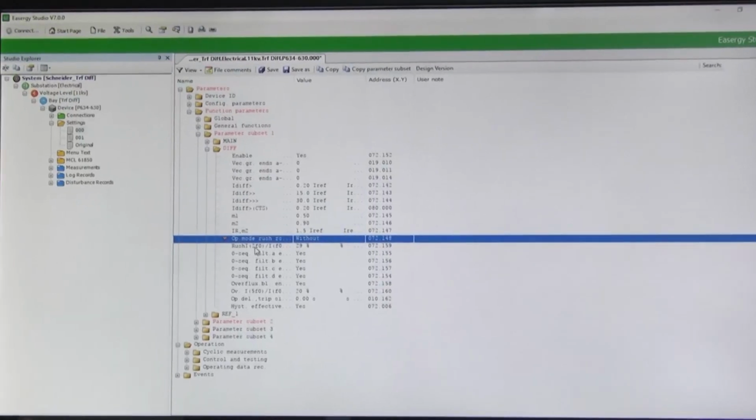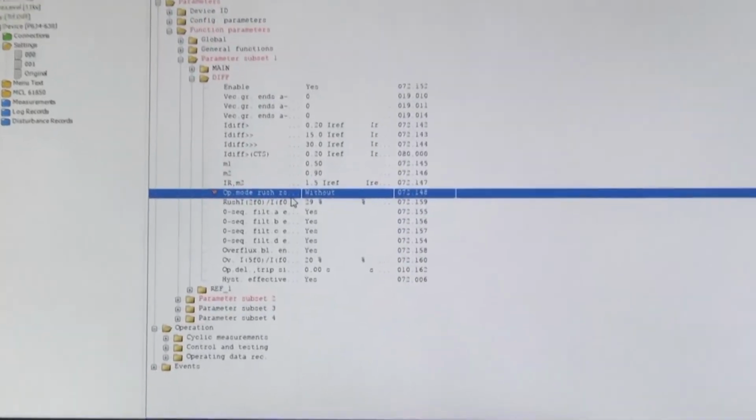As already discussed in this slide, the inrush current creates a problem for the differential relay, because during inrush one of the sides has a large amount of current, and the differential current falls in the trip region of this characteristic. We will now demonstrate how the differential current creates the issue and the corresponding solution strategy. For that, we have kept the operating mode for inrush to be without.